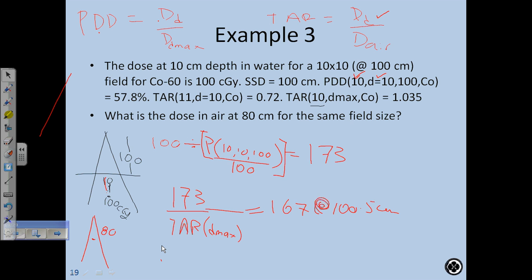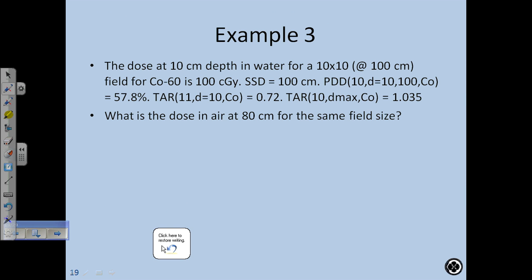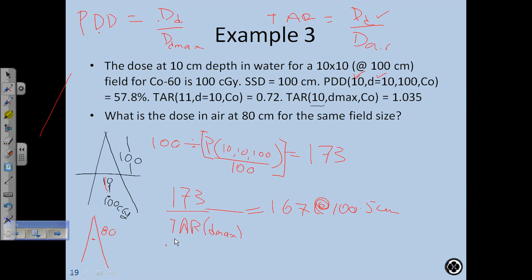Okay, 167 times 100.5 over 80 squared. Okay. What's that? It's 264. 264 centigrade.